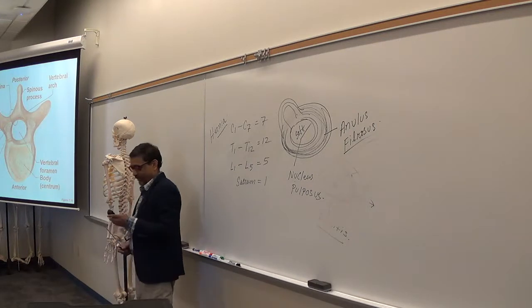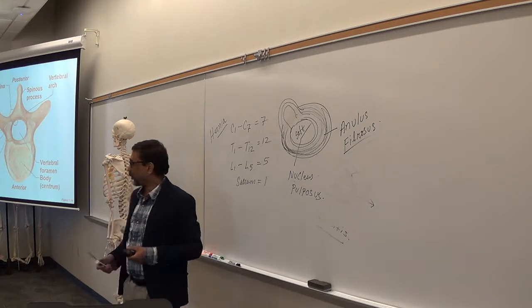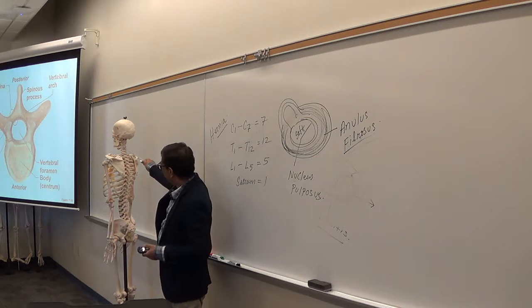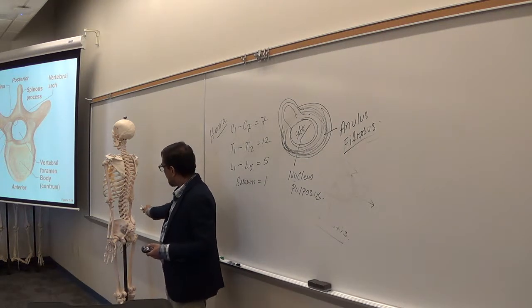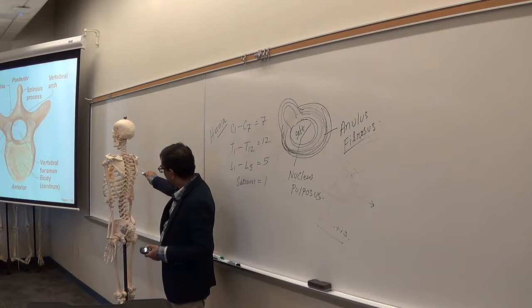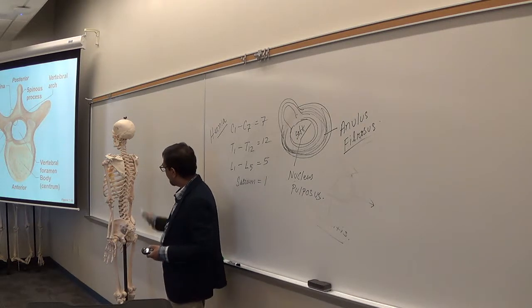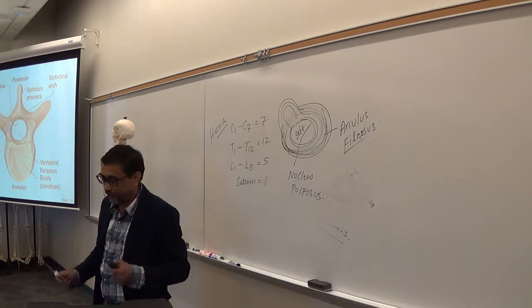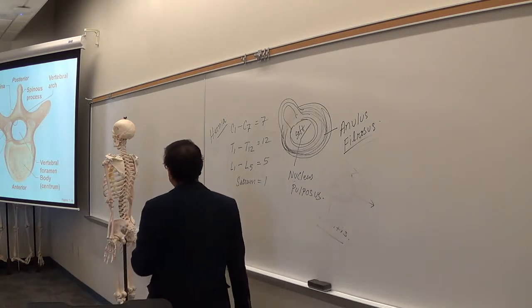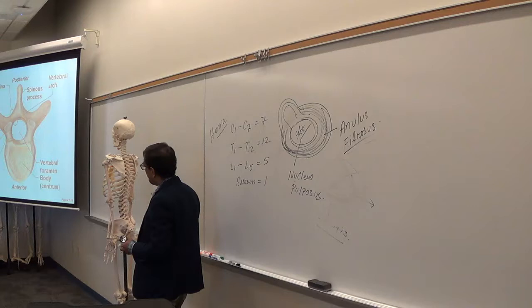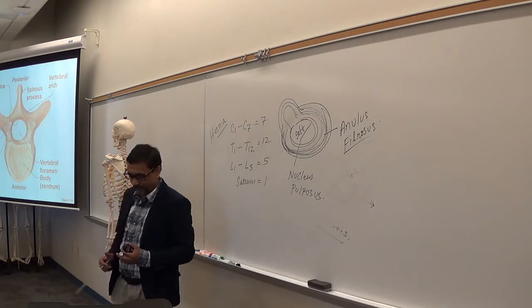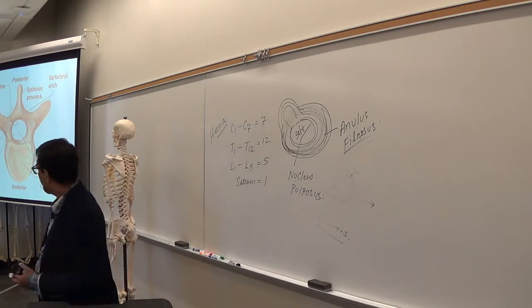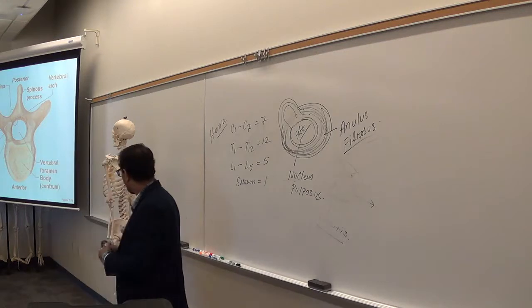Parts of a vertebra. We know that the vertebral column is a column formed by vertebrae, different groups of vertebrae: cervical, thoracic, lumbar, and also sacrum. Now, if you see the structure of a vertebra, it has a body in the front.